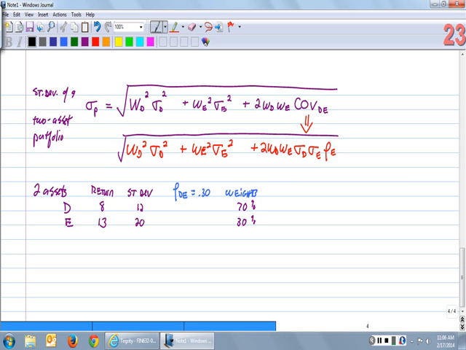So plugging into our formula, the weight that we're putting in asset D is 70%. So the standard deviation of my portfolio, I'm going to put 0.7 because that's 70%, and I square the weight times the standard deviation. I'm not going to use decimal. You don't have to as long as you're consistent. 12% squared plus the weight.